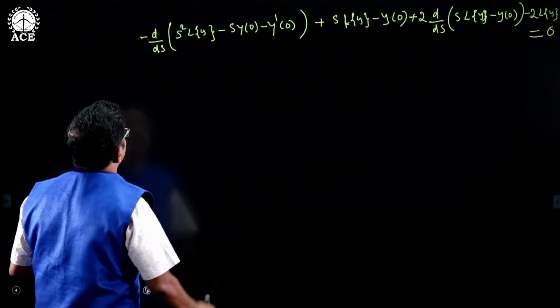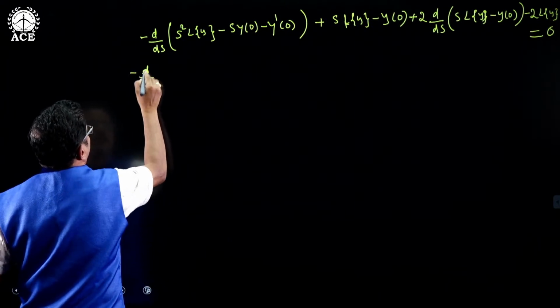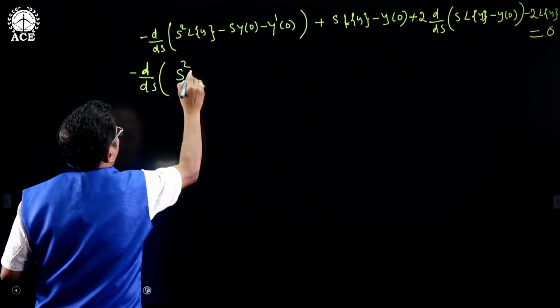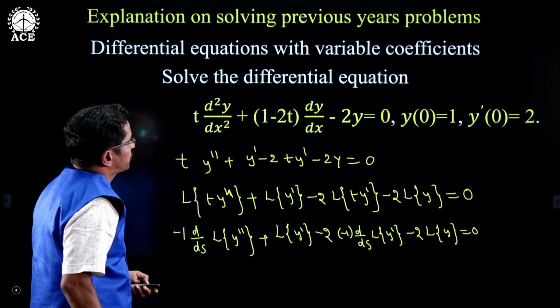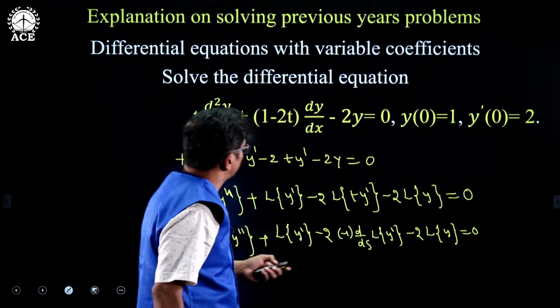Now we will substitute the conditions. Minus d by ds of s square into L of y minus s into y of 0 minus y dash of 0. What is y of 0? y of 0 is 1, y dash of 0 is 2.